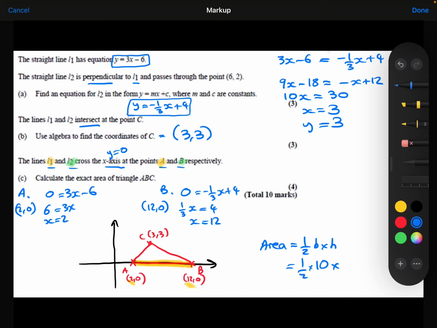The height of the triangle is going to be this here. Remember, it has to be perpendicular height, which is just going to be the y coordinate of point C. So half times 10 times 3 is 15. And so that's the area of triangle ABC.